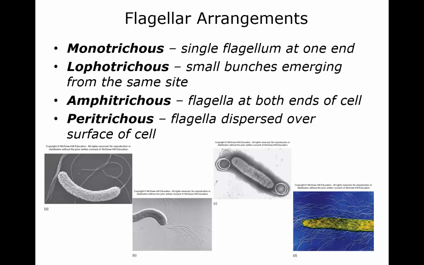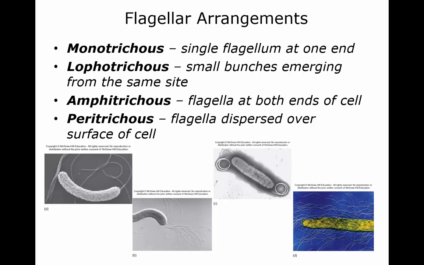Now, how are they arranged? If it's got one flagellum at one end, like you see down here in figure A, it's monotrichous. If it's got small bunches of them, like you see here in figure B at the bottom, that come from the same area, that's lophotrichous. In figure C here, there's a flagella at both ends.